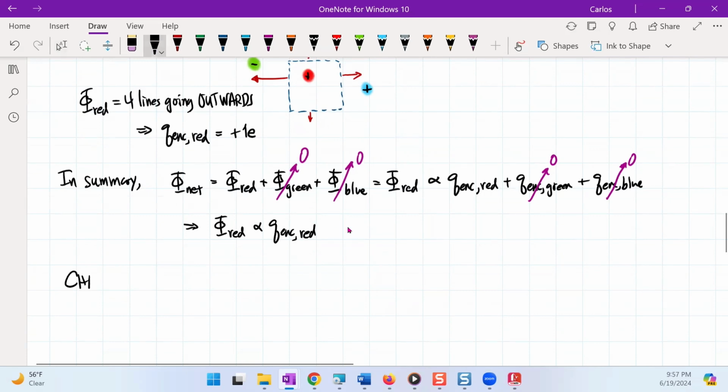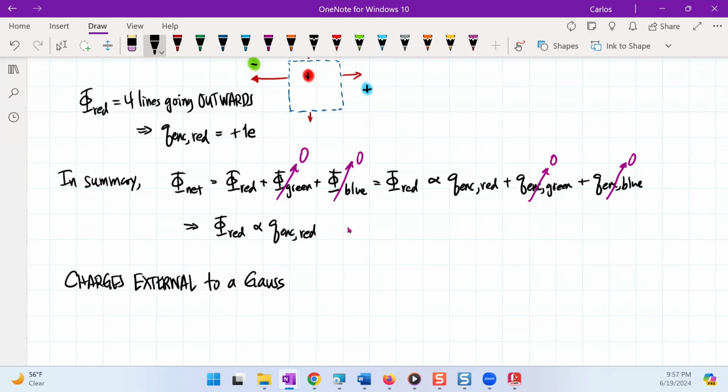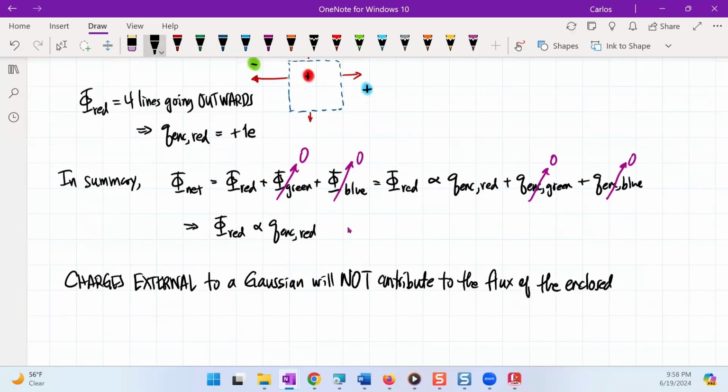So charges external to a Gaussian will not contribute to the flux of the enclosed charges.